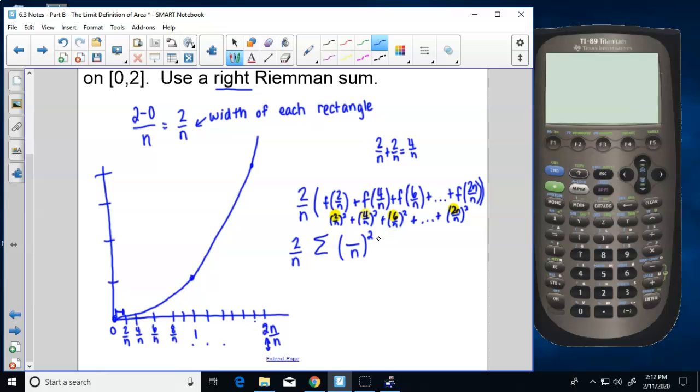Does it just go up 1, 2, 3, 4, 5, 6? It does not. We've got even numbers here. So I can't just put the i up here, because if I put the i I would have 1 over n squared, 2 over n squared, 3 over n squared, 4 over n squared. Even if I started at 2 over n squared, I would then have 3 over n squared, 4 over n squared, 5 over n squared. How could I make this 2, 4, 6, 8 instead of just 1, 2, 3, 4? Any ideas?